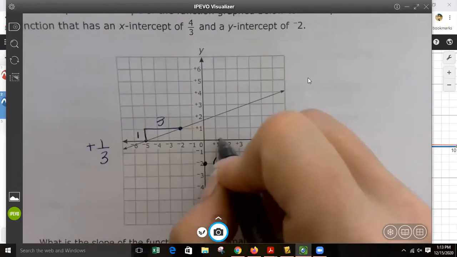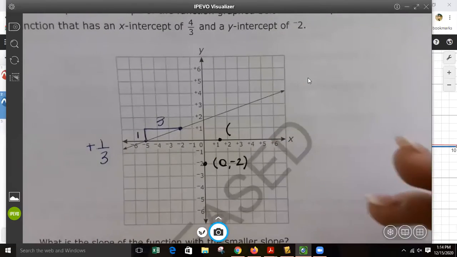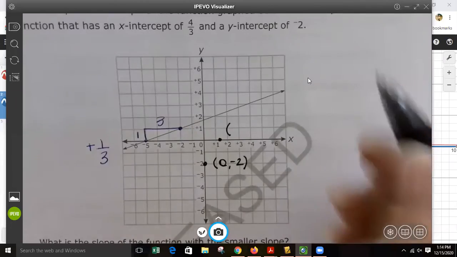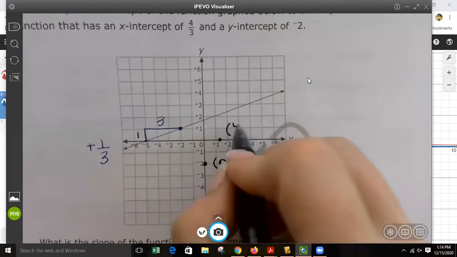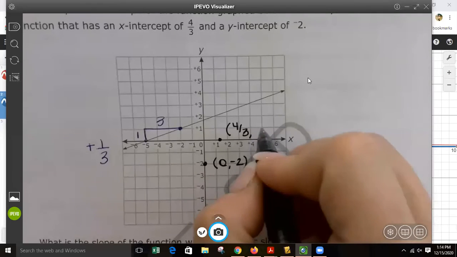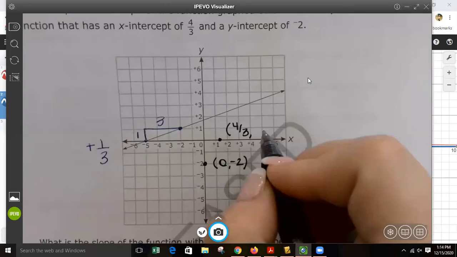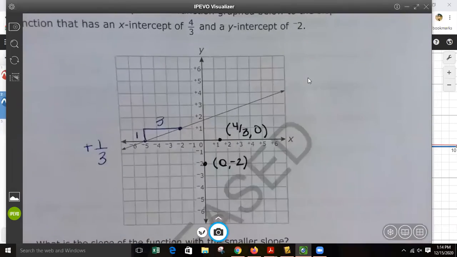It doesn't matter. I can't really graph it that well. But what would that coordinate be? How far over did I go? 1 1/3 or 4/3? How far up did I go? 0, just for that coordinate.